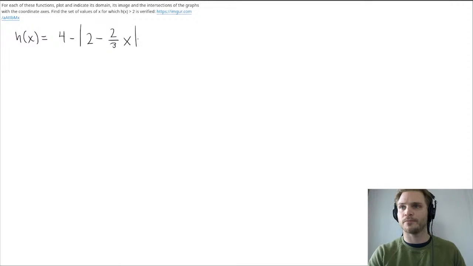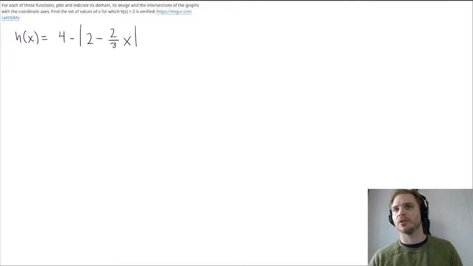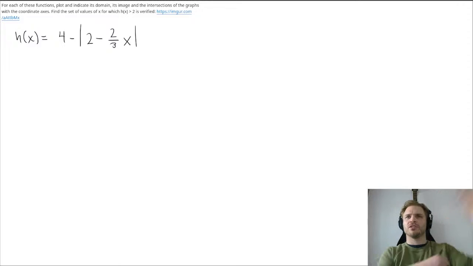So there is that, and this is what I'm working on. All right, we've got everything we need here. For each of these functions, plot and indicate its domain.